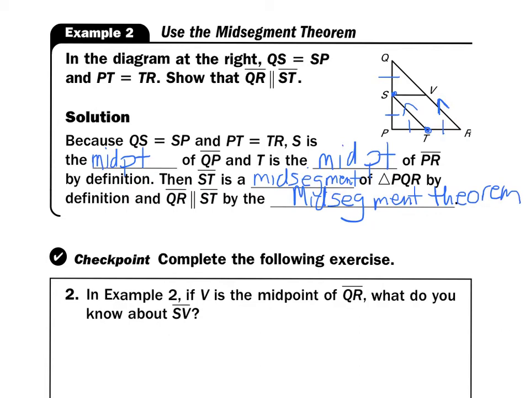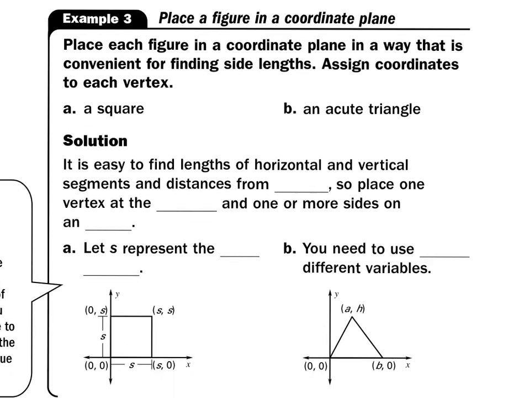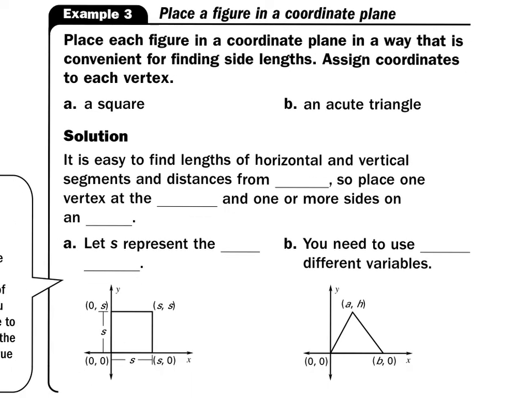Let's look at example 3. Okay, place a figure in a coordinate plane. Place each figure in a coordinate plane so that it's convenient for finding side lengths. Assign coordinates to each vertex. A square.